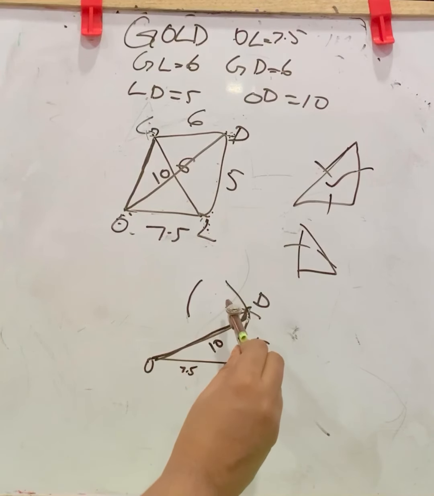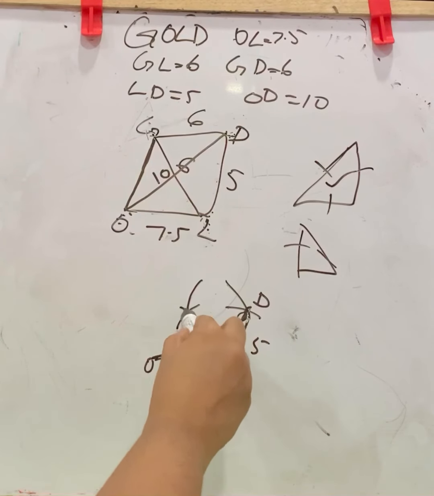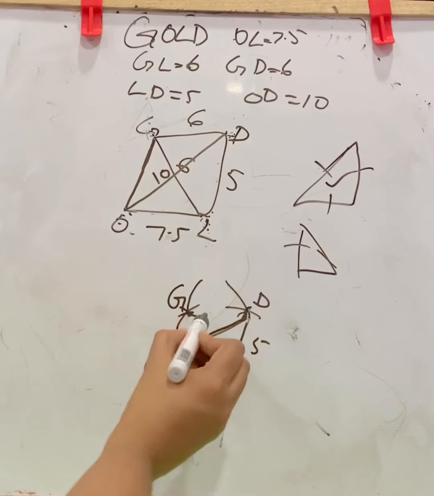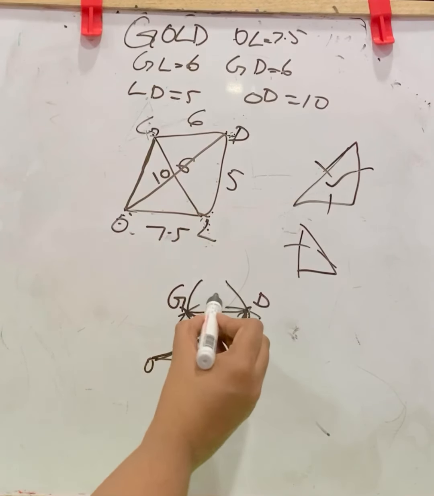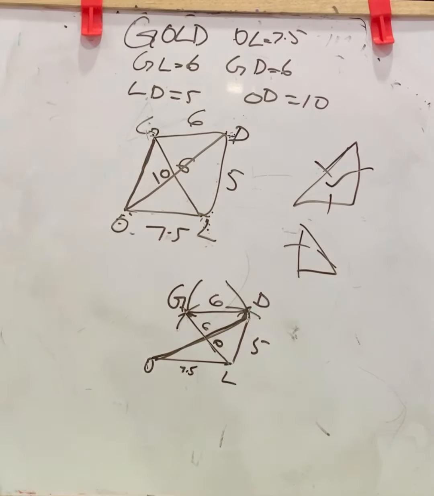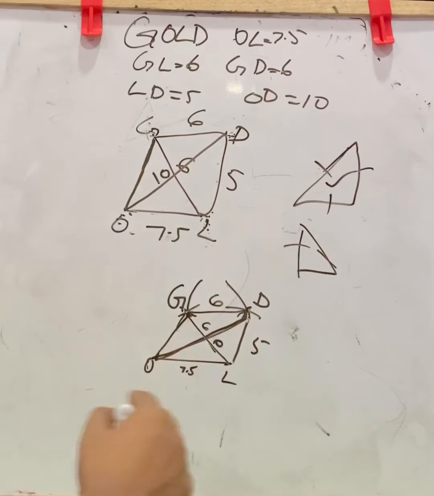Keep here on L and draw. Now this is the intersecting point G. Now we can join GL, this is 6 centimeter. Also GD is 6 centimeter. Now we have GO. We have no measurement for GO, but still we can join it. Now we got the quadrilateral GOLD.